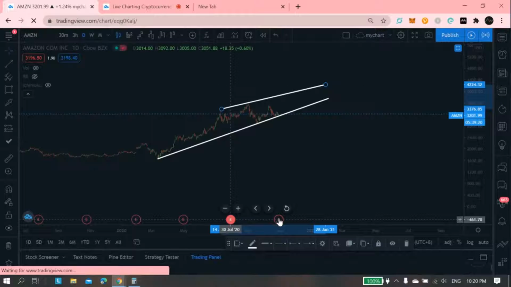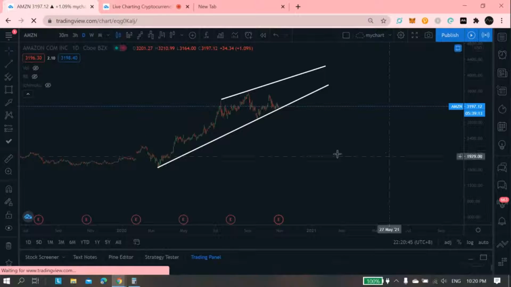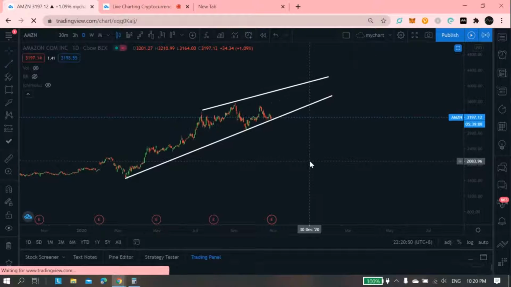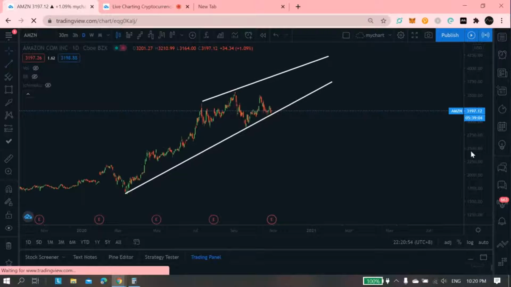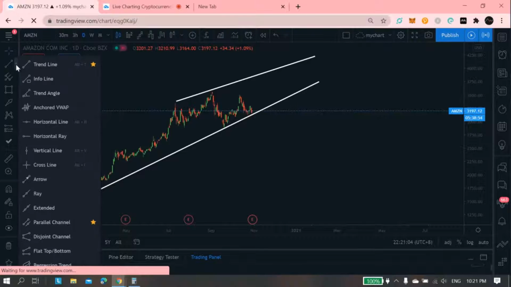But at least in the third quarter, some countries have already unlocked the lockdown, or opened their economy. And if you look at it, this is the support area.